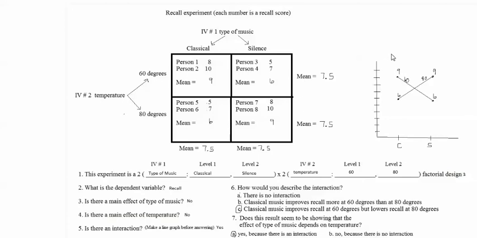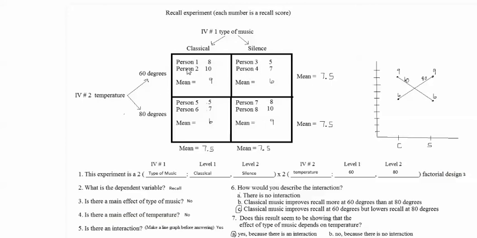So when you graph the lines right here, you see an X like this, because in the 80-degree row, which is this line right here, you have an average recall score of 6 for classical, and an average recall of 9 for silence, like this.